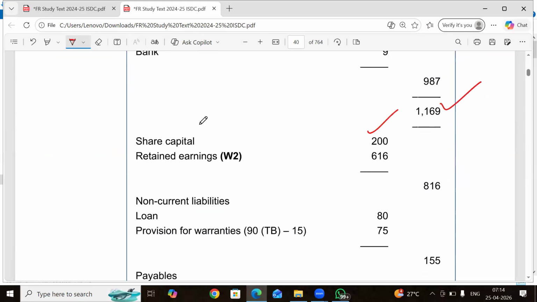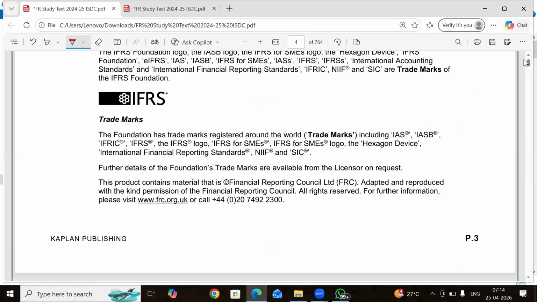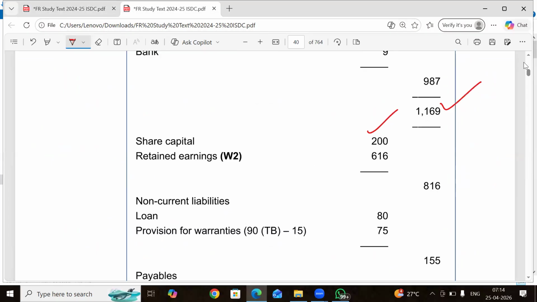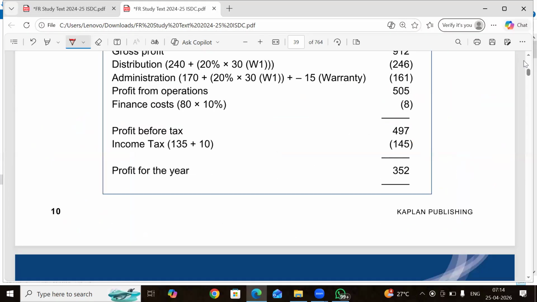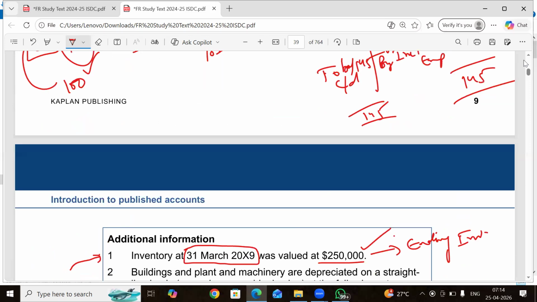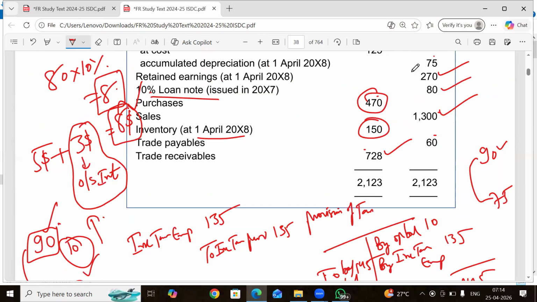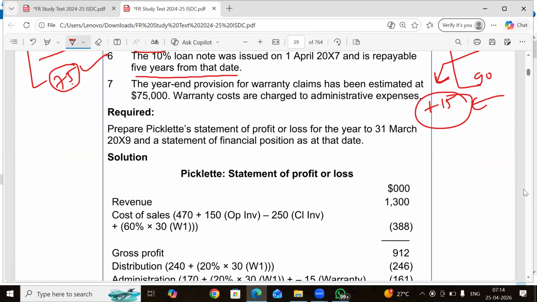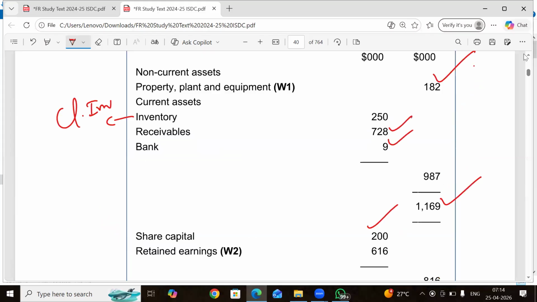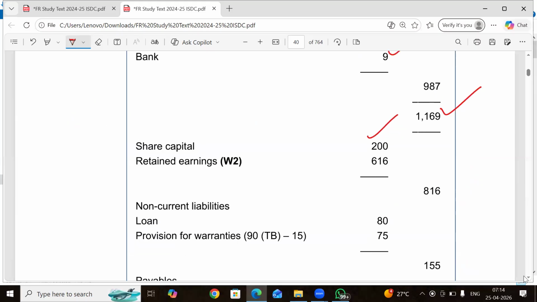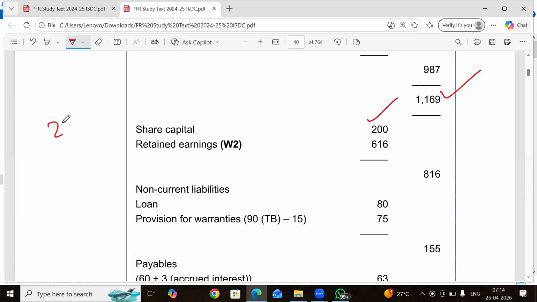Share capital, you have to take retained earnings opening balance, $270. Share capital is 200. 270 plus current year's profit we need to add.